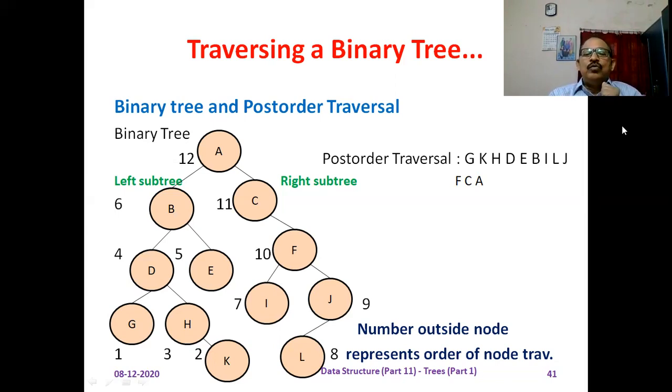Next, there is no right subtree of node J. Therefore, J is printed on the screen. Here you can see the processing of the left subtree and the right subtree are both finished. Then we visit the node F, process the node F, and print F on the screen.